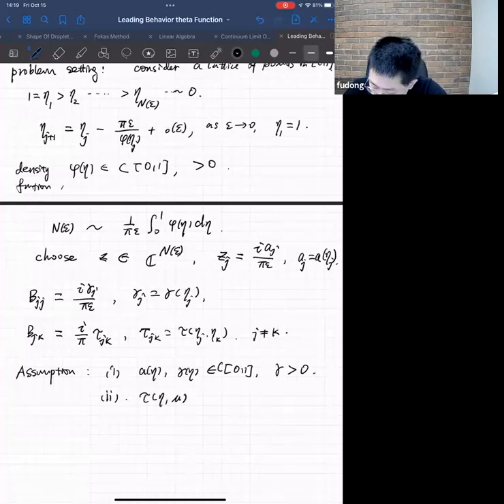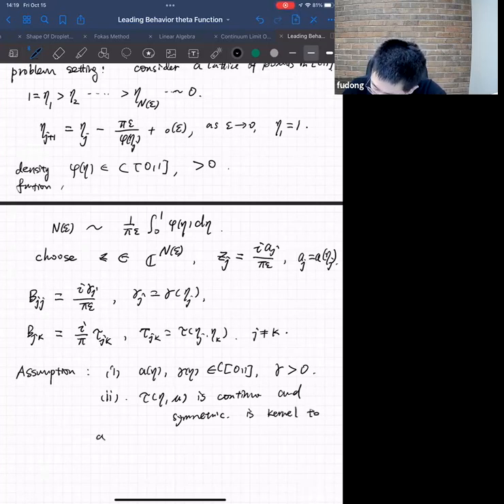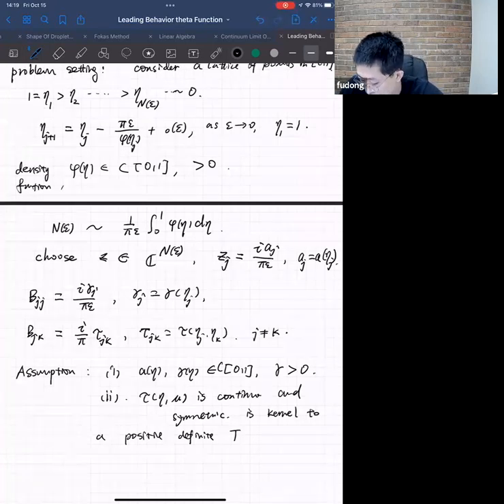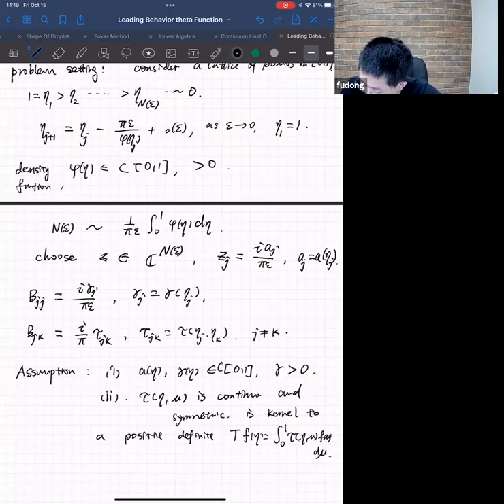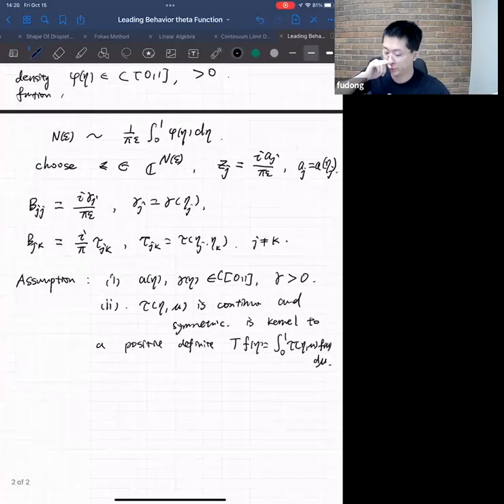Tau eta mu is continuous, of course, and symmetric, and is the kernel to a positive definite operator T. So T is this operator, T f of eta equals the integral of tau eta mu f mu, and this operator is positive definite.